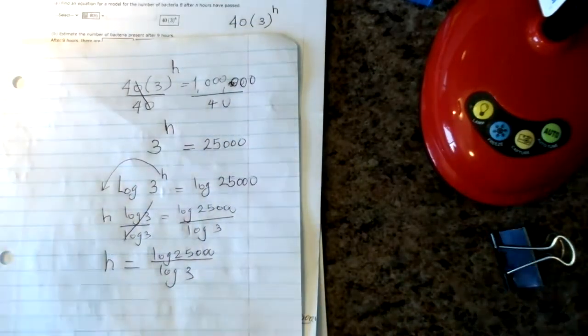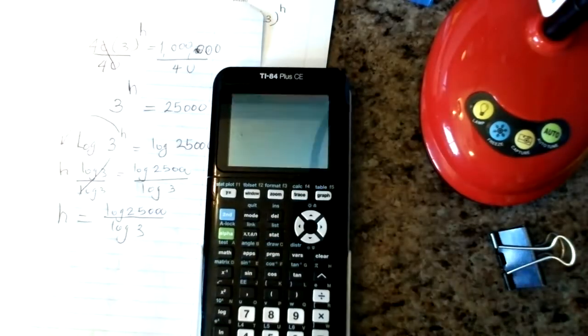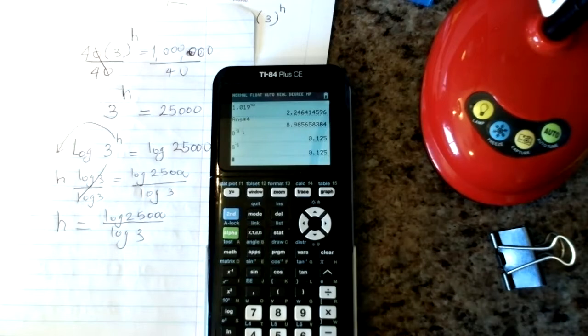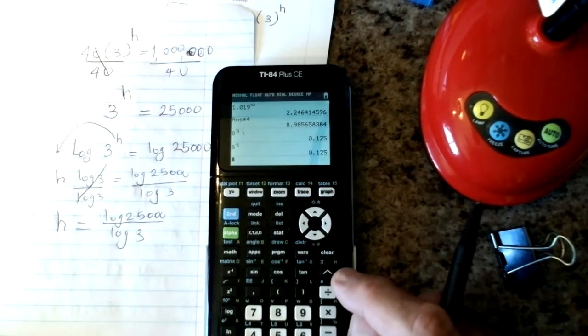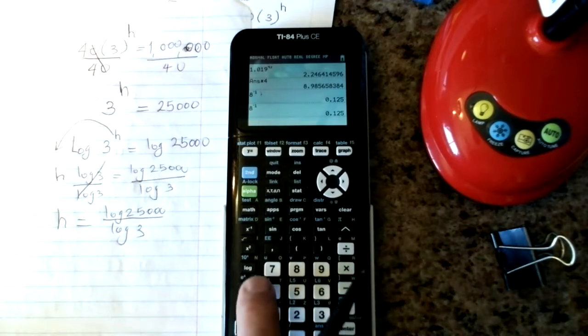Okay, and then I need to find log of 25,000 divided by log of 3. Even a basic calculator would have it. You don't have to have a fancy one. In my calculator, the log is here. You see that?